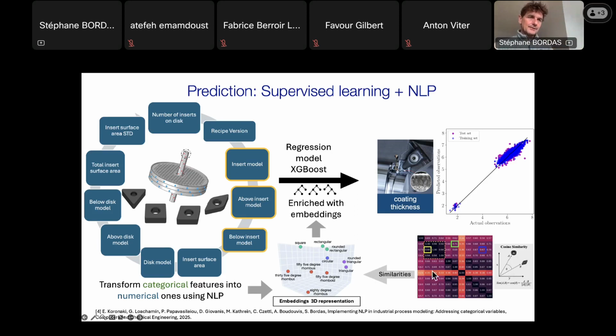And from there, you find similarities, and you can put them in some sort of hyperspace that you have here. In this hyperspace, you can put these little guys, like circular, triangular, rectangle, square, 35 degree rhombus, 80 degree rhombus, and so on.